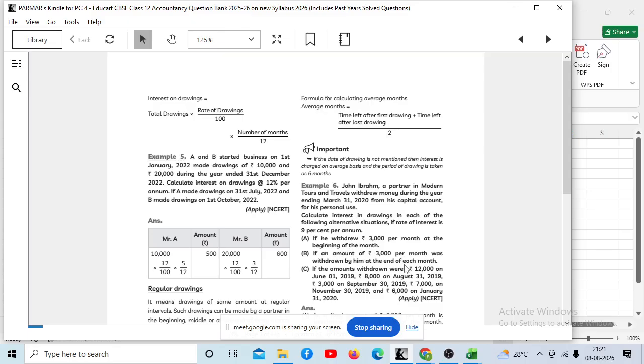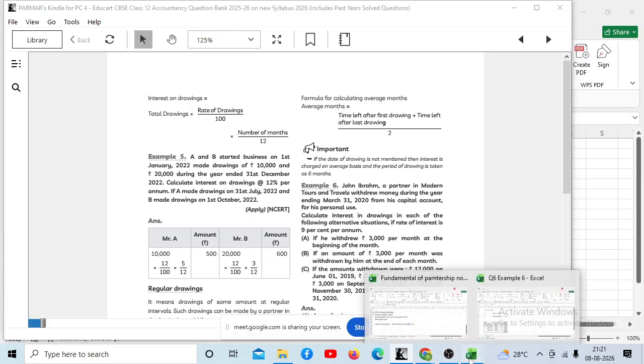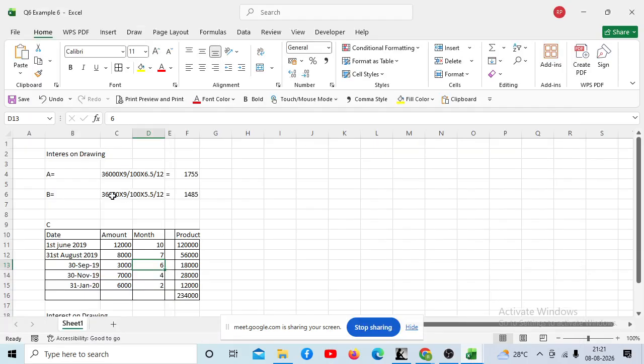So if you see that chart, in case of at the end of each month, the average period is 5.5. So it will be calculated as 36,000 into 9 upon 100 into 5.5 upon 12.